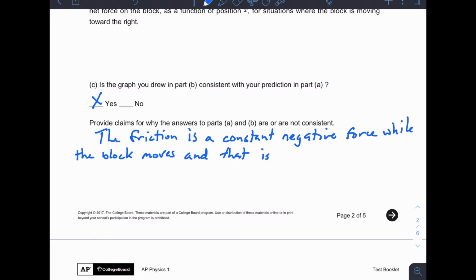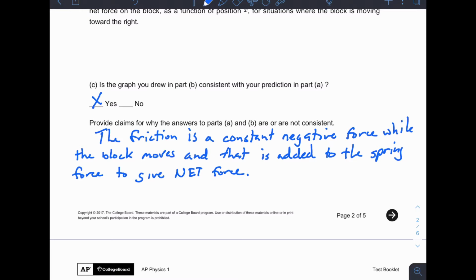And that is added to the spring force to give net force. All right, so I would think that that would be enough to go with. You could expand on that. You could say the varying spring force, adding it, subtracting the opposite direction kinetic friction force would give us this graph.